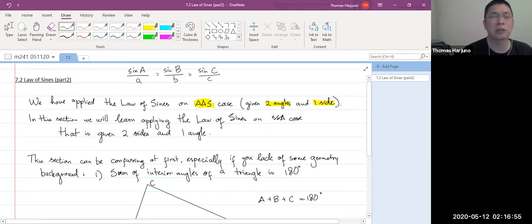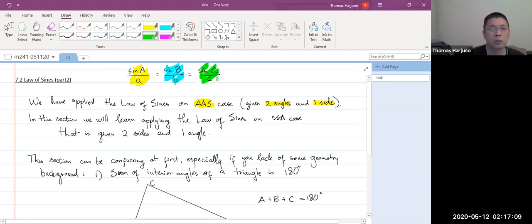And I said last time, we can only apply the law of sines if one pair of angle and opposite side is known. So either this is known, or this is known, or this is known. Then we can use the law of sines.